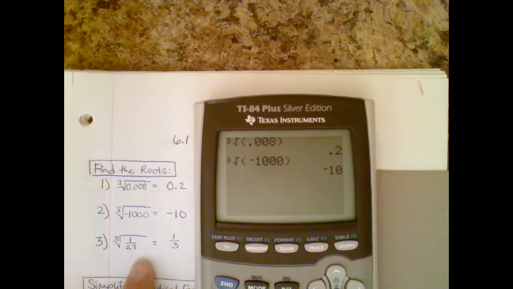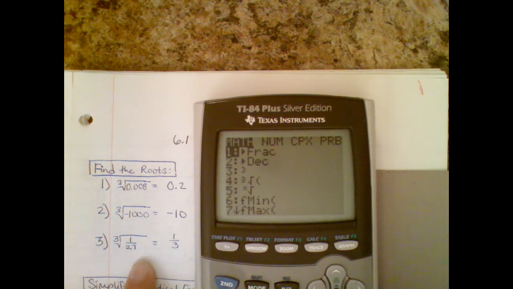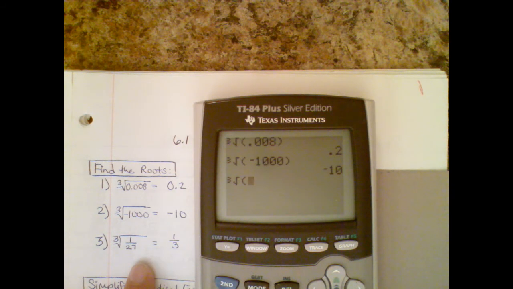Then for the next one, there are a couple of different ways to do a fraction. We can click the math button, go to the cube root, click enter, and then I would just put that fraction in parentheses. So 1 divided by 27, with parentheses, and it gives you a decimal.